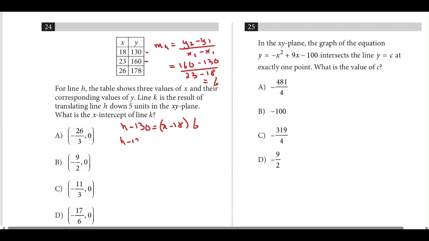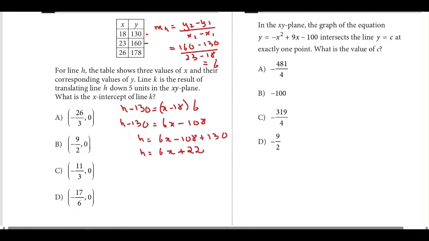So h minus 130 equals 6x minus 18 times 6, 108, and h is equal to 6x minus 108 plus 130, which means it equals 6x plus 22. This is the equation of h.